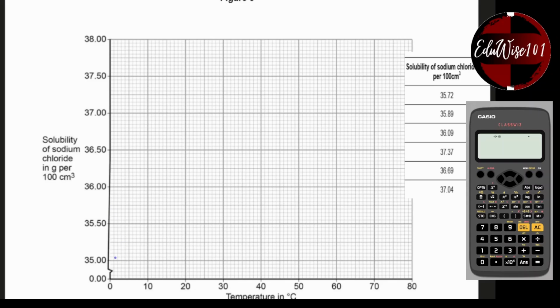So that's 10 boxes for 0.5, which is 20 boxes for 1.